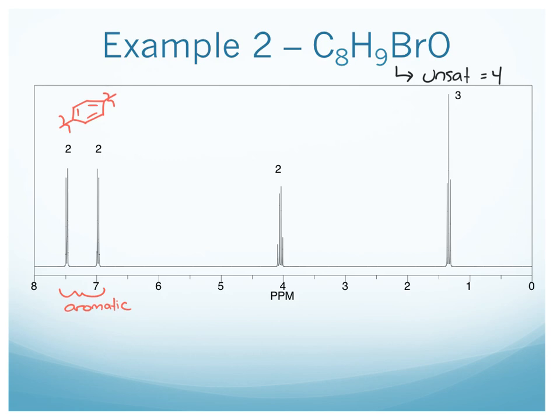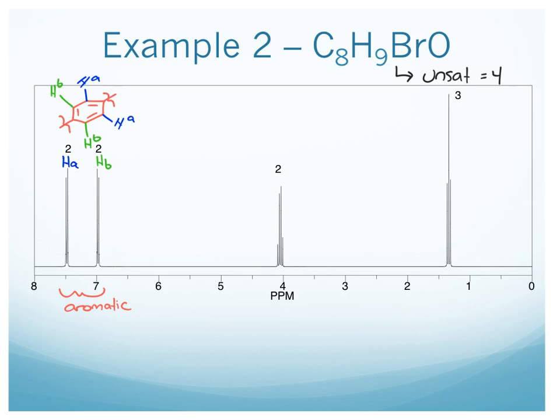The reason for that is we have, call this HA, and HB. And A is a doublet because of B, B is a doublet because of A. So we could have our integration for HB, and HA. So that looks like what we have here, and that also takes care of our 4 unsaturations.